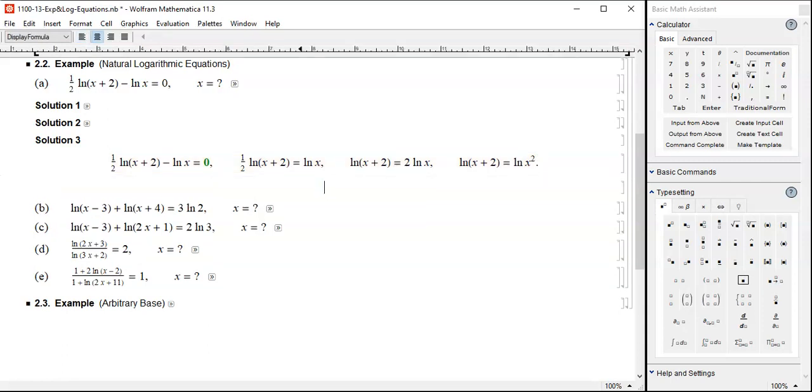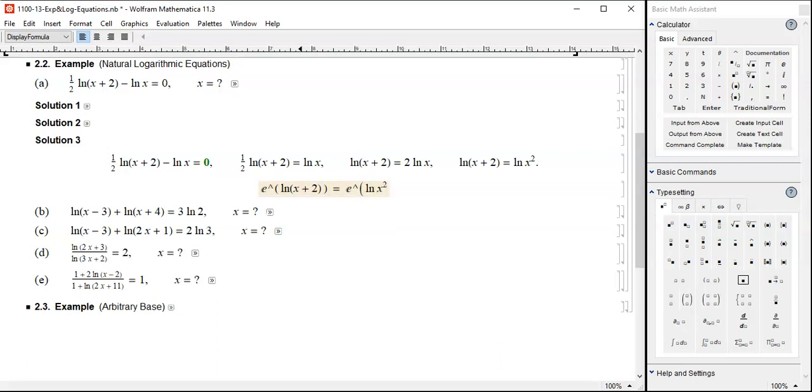If I take the exponential of both sides, then what do you get? Log and exponential cancel each other out. We get x plus 2 is equal to x squared. Okay? Taking the exponential of both sides, we can remove this logarithm, and I get this one directly.